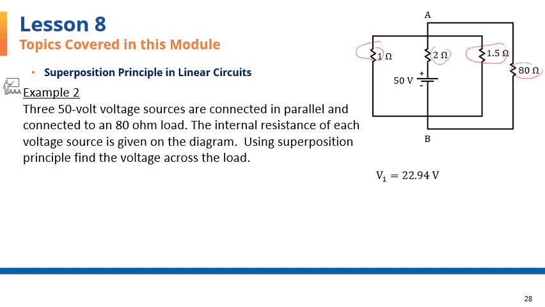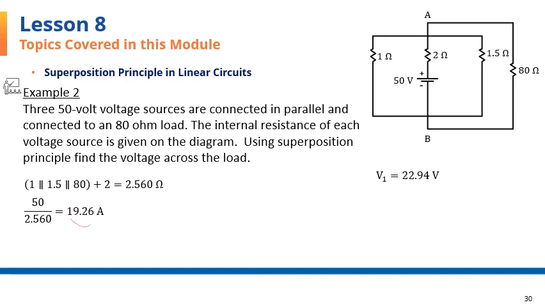I'll go over the equation here. 1 in parallel with 1.5 in parallel with 80 added to 2 gives me 2.560 ohm for the total equivalent resistance. And now dividing 50 by this equivalent resistance will give me the current that goes through the 2 ohm resistor, and that is 19.26 amps.